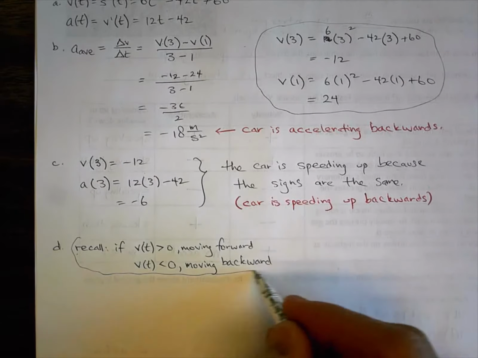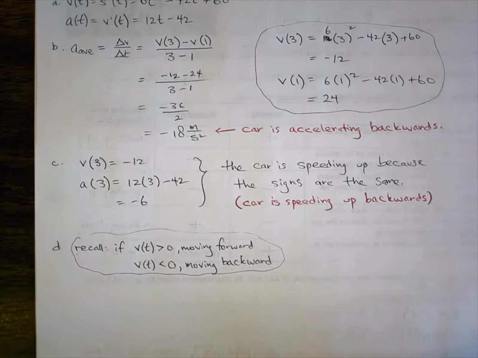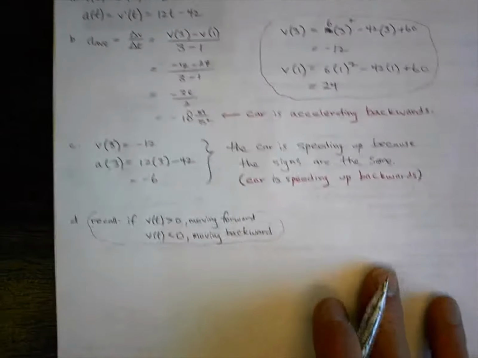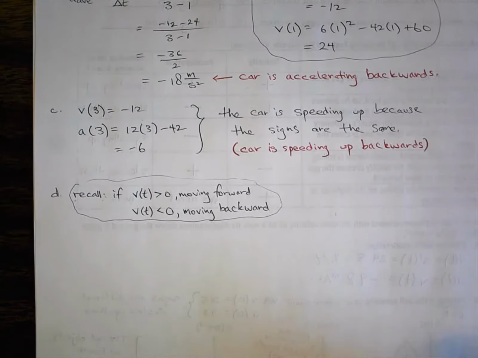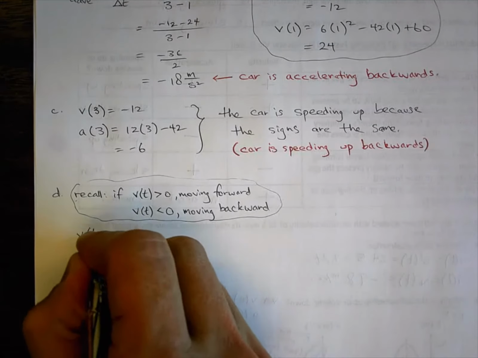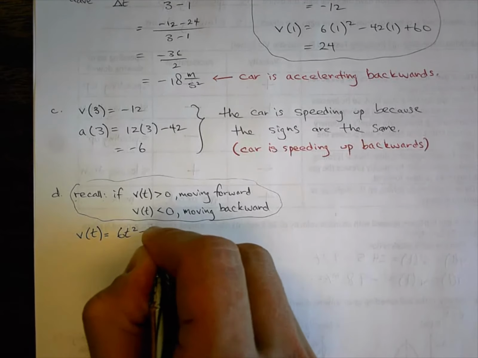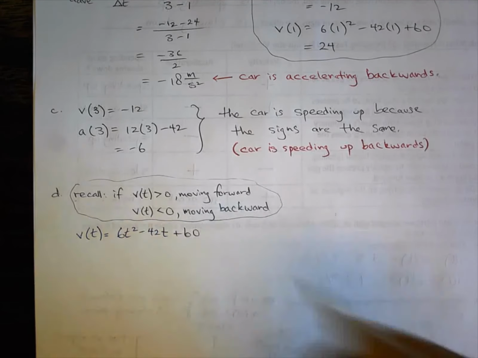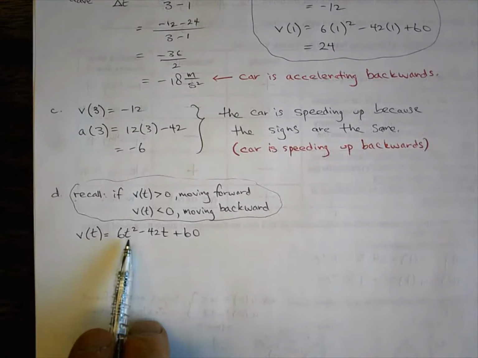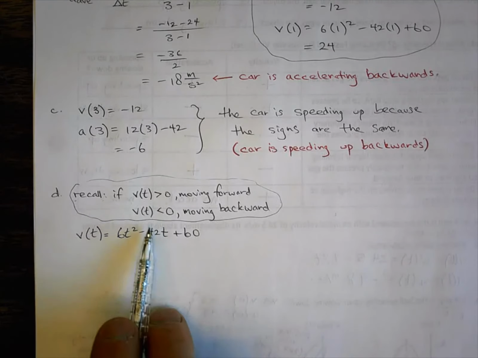So this part of this question is decoding the fact that if you're asking for forward or backwards, you're looking at the velocity. And so what we need to do is take my velocity, 6t squared minus 42t plus 60, and we need to figure out where this function is positive or negative, right? Positive it's forward, negative it's backwards.